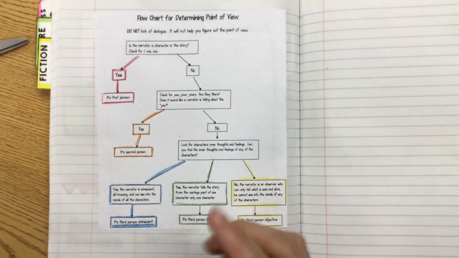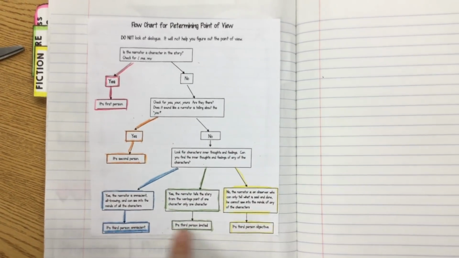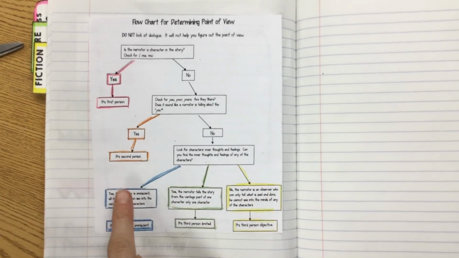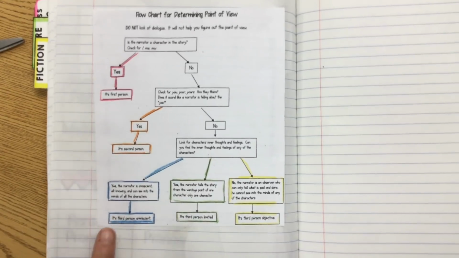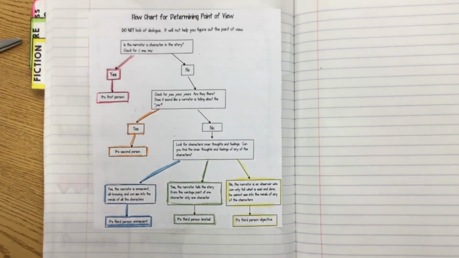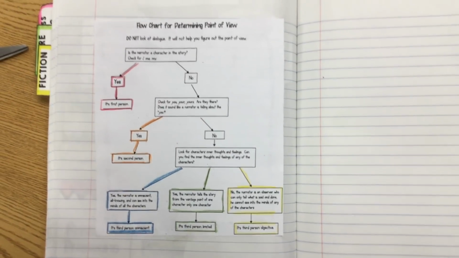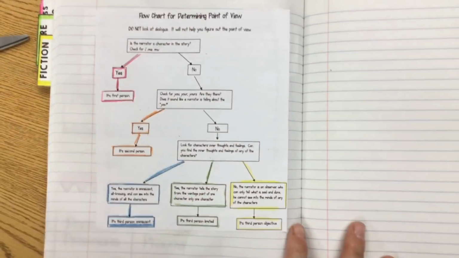Like, it's just saying what is happening. That's objective. So this is where it can get a little tricky, and it comes down to how many of the characters' feelings you know. So over the next couple of days, we are going to be doing several different point of view practices so you can get good at finding the pronoun and determining the point of view.